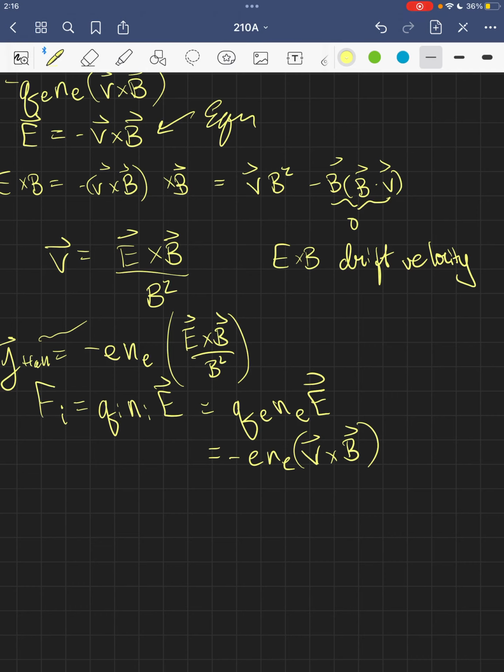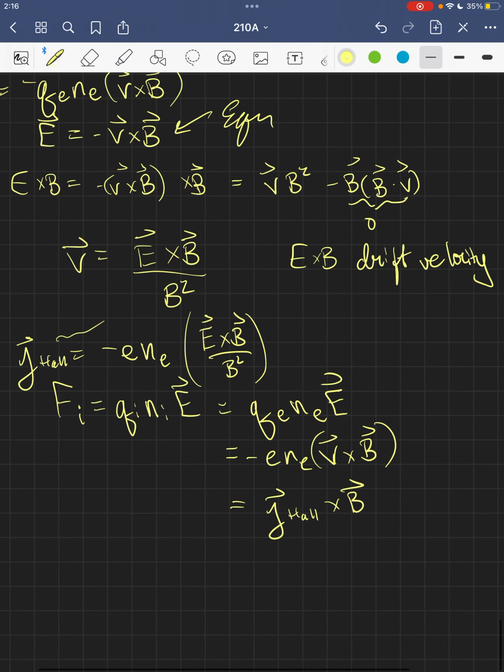All of this is J Hall crossed with B. The force on the actual shells has to be the negative of this force, just because of equal and opposite forces.